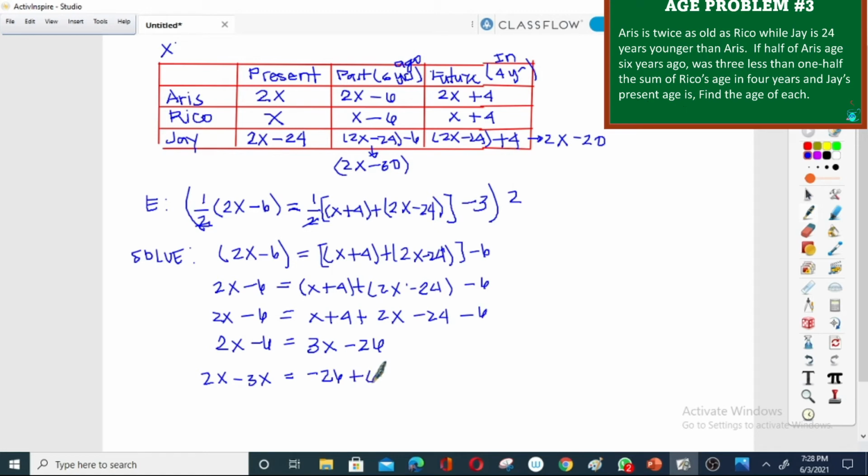Transpose 6 to the right, so this is negative x is equal to negative 20. Divide both sides by negative 1. This will become x is equal to 20.